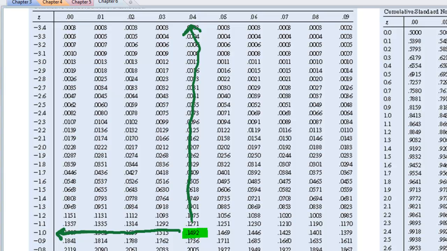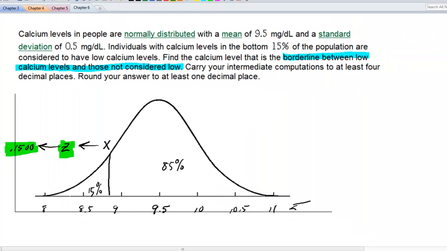So my answer is negative 1.04 for the z-score. So going back, I've answered this now. Okay, this maps to p of z less than or equal to negative 1.04.